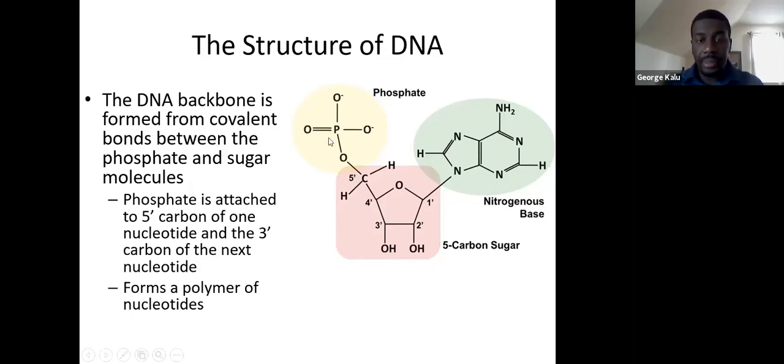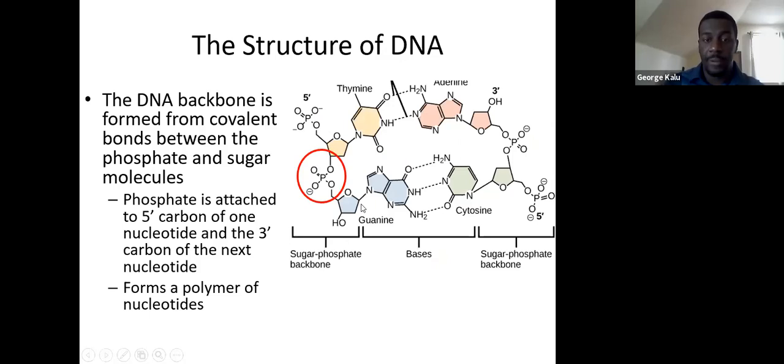Now the phosphate is also going to be attached to the 3' carbon of the next nucleotide, and this is what it would look like here. For example, here we have our 1, 2, 3, 4, 5' carbon over here. We're going to have our phosphate, and then it's also going to be attached to the 3' carbon on the next nucleotide. On this next one, we have 1, 2, 3' carbon, and so that's where that phosphate will bind.